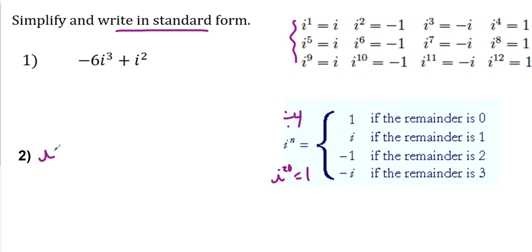If I do something a little bit more complex, like i to the 87th power, well, I know that 4 doesn't go into it evenly, and 2 doesn't go into it. So what's it going to be? Let's see, if I were to actually work it out, 4 into 87, well, I know it goes into 84, so the remainder is going to equal 3. So if the remainder is 3, this is going to equal negative i.